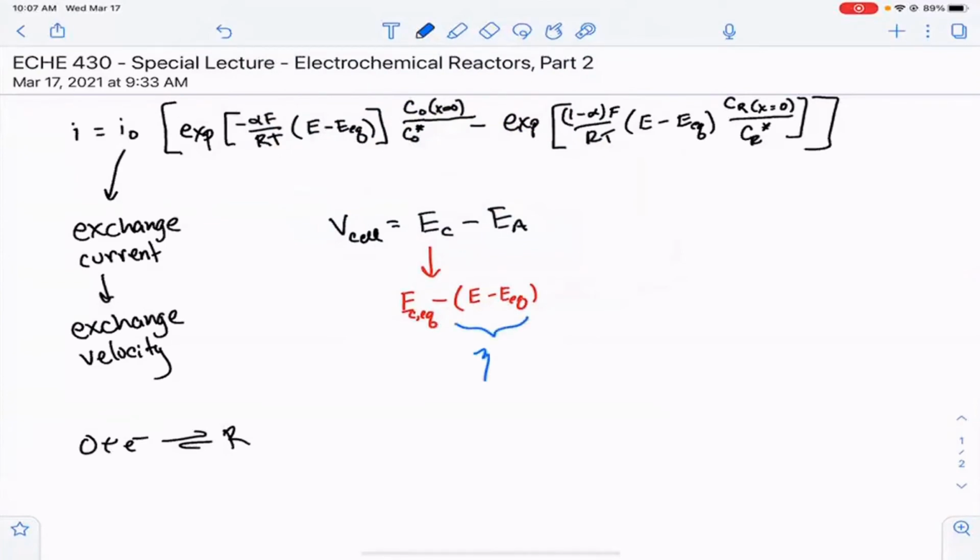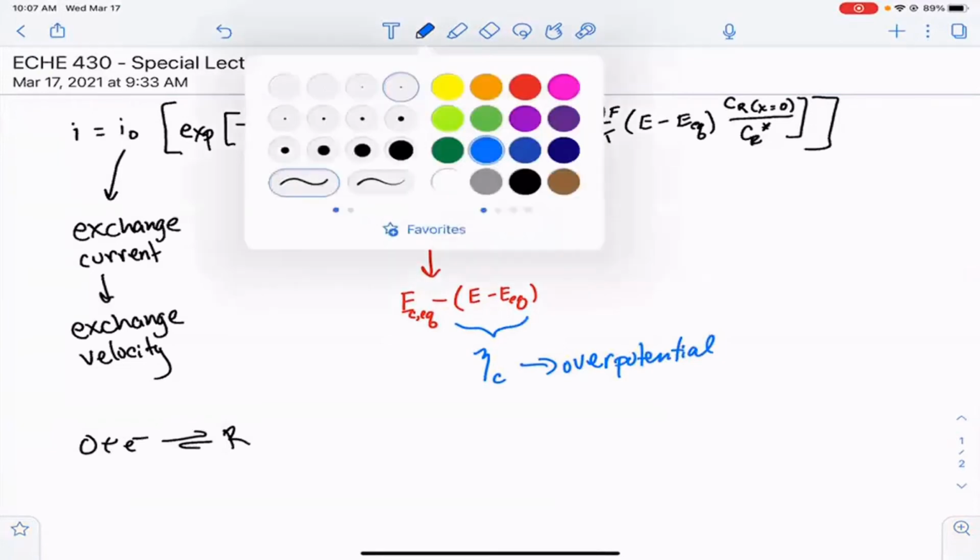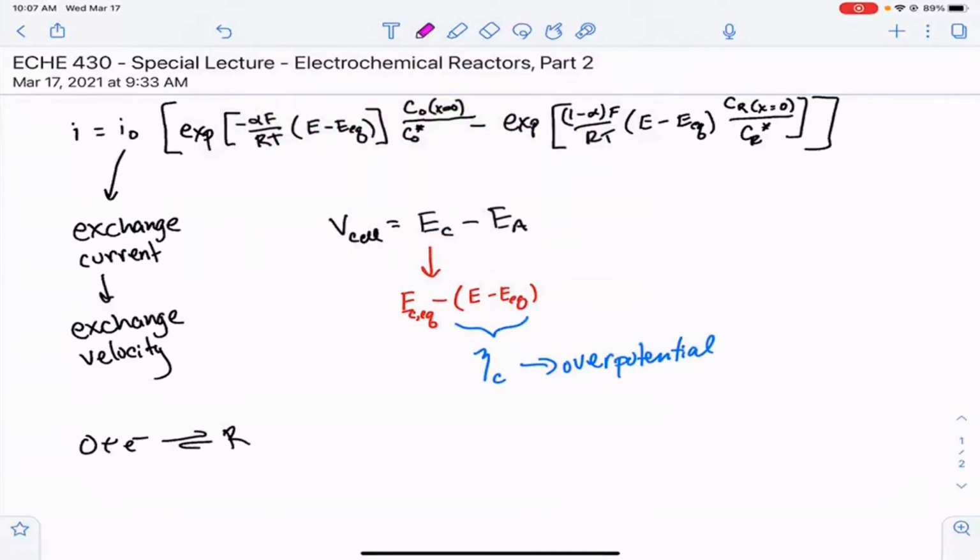We call this the overpotential. And it's just a measurement of the difference in the potential of the actual electrode from the equilibrium potential. And we do the same thing for the anode as well. So the anode potential is then equal to the equilibrium potential of the anode minus the equilibrium potential.